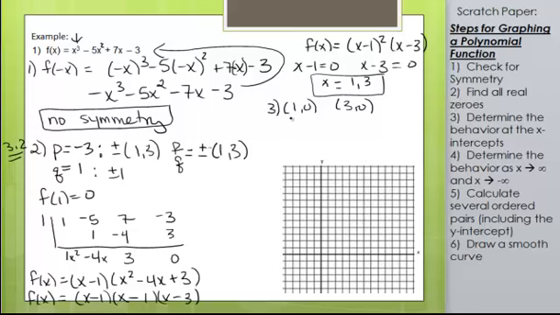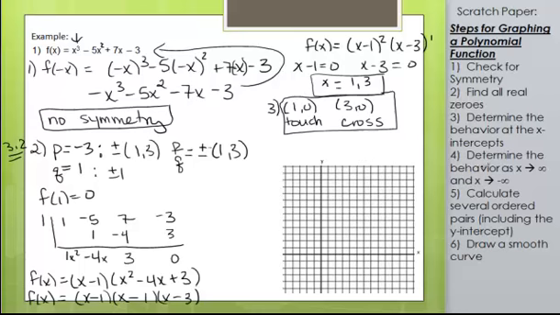That's even. That means the graph will touch the x-axis at (1, 0). And what will it do at (3, 0)? The factor that corresponds to that intercept is x minus 3, and it has an odd exponent. That means it will cross at (3, 0). This is the behavior of the graph at the x-intercepts.